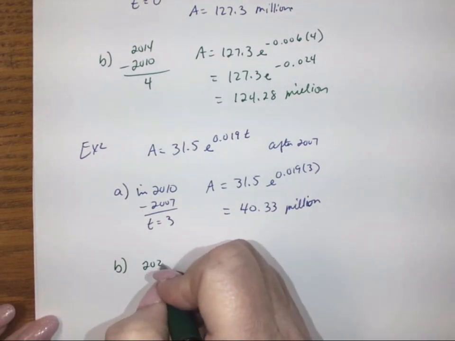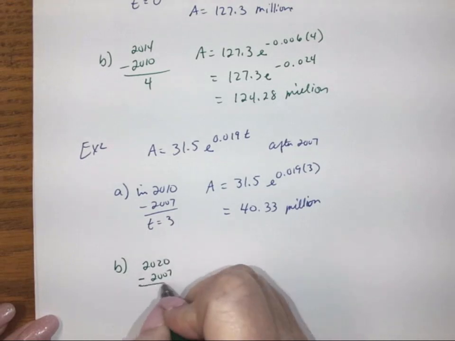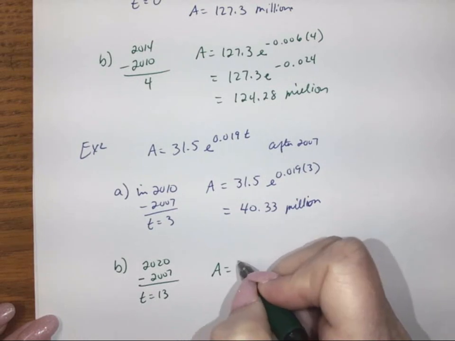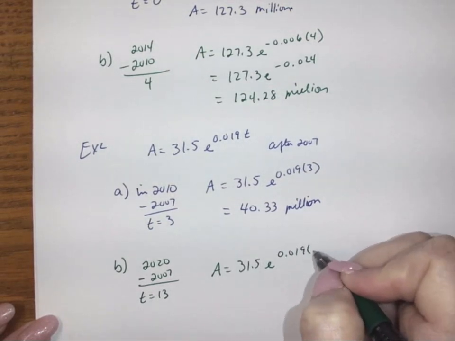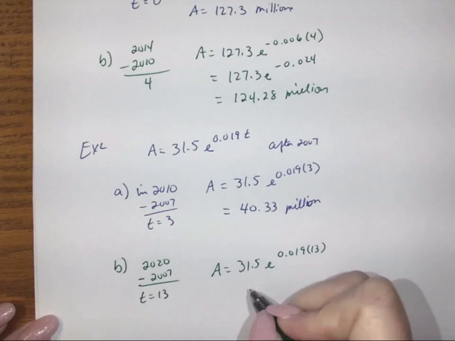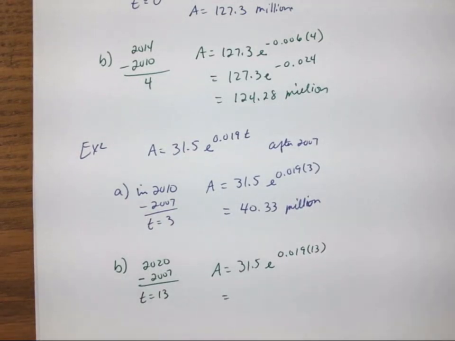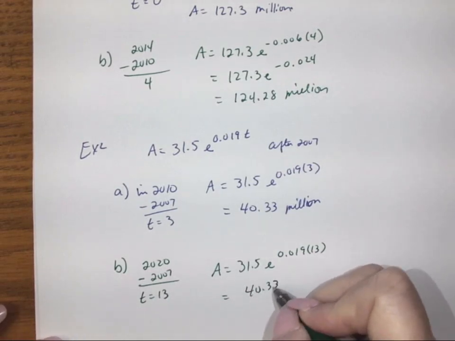If we take 2020 minus our original of 2007, we get t is equal to 13. So A is equal to 31.5 e to the 0.019 times 13, and that will get us 40.33 million.